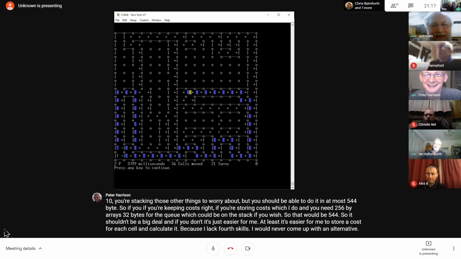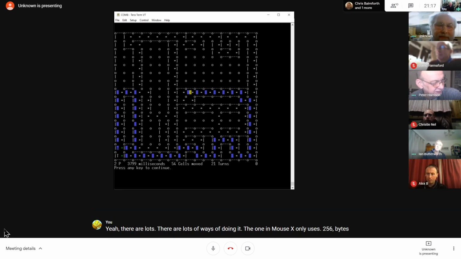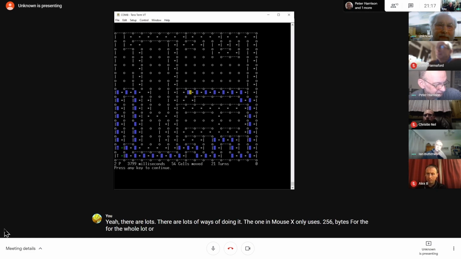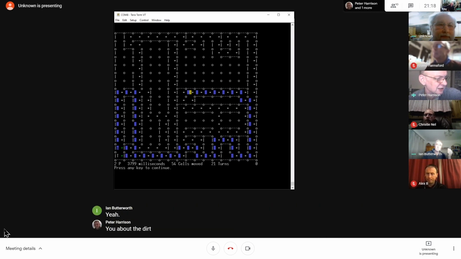Yeah, there are lots of ways of doing it. The one in Mouse X only uses 256 bytes for the whole lot, plus a queue, so another 32. It can be done in that. And a bot could do it in that as well.